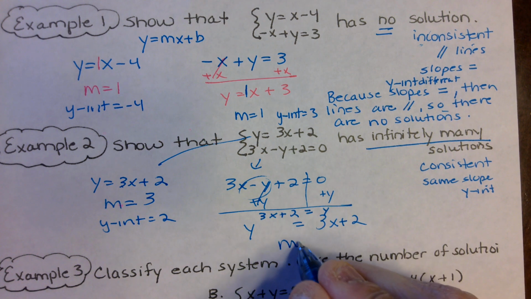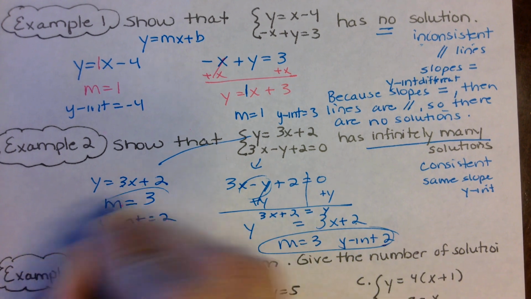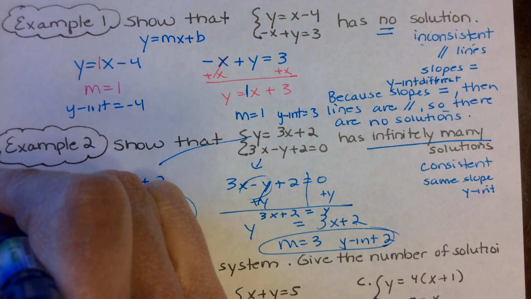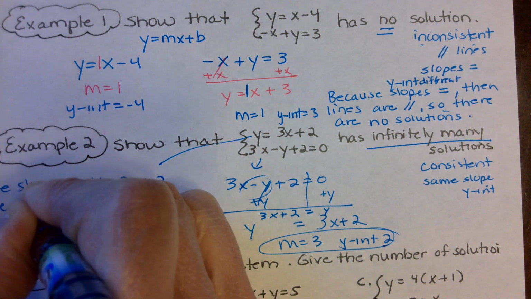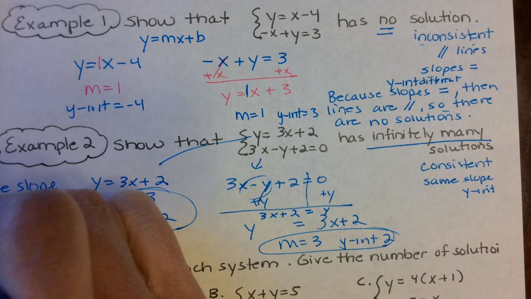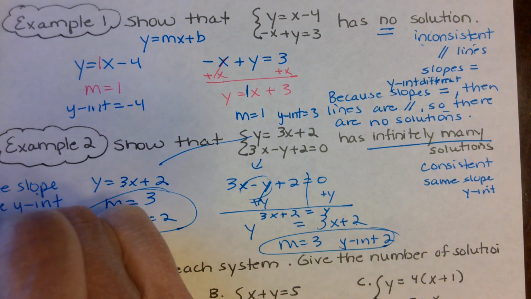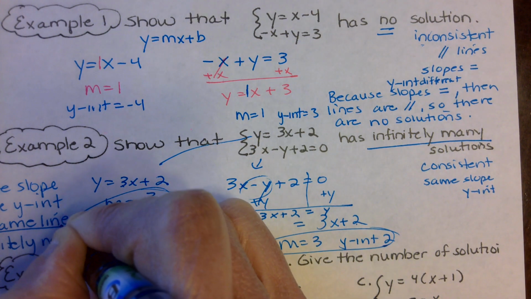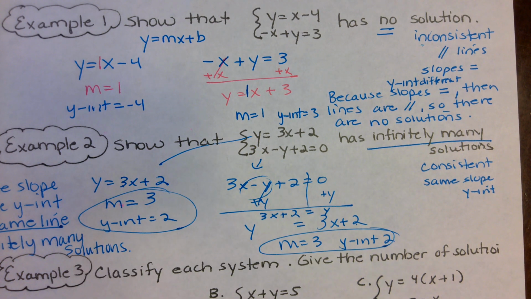So slope is 3. Y-intercept is 2. Yay, they're the same. Okay, so you can say same slope, same y-intercept, so same line, infinitely many solutions. Whoopsie.